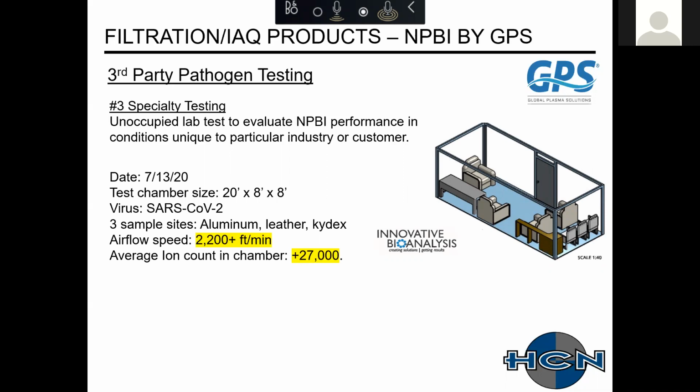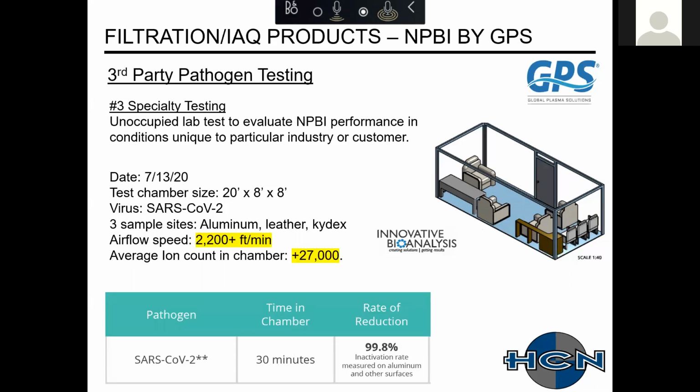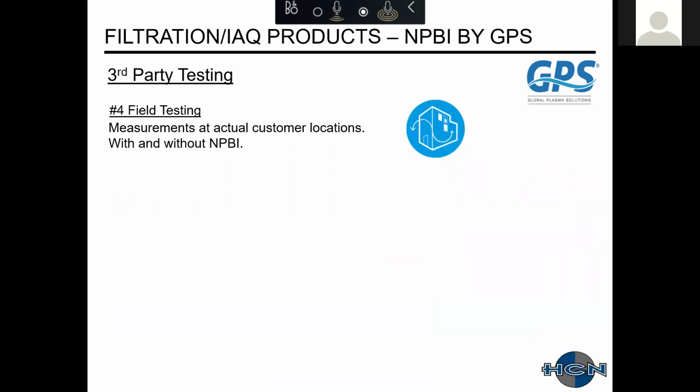Obviously, from an HVAC perspective, that's much higher than you would traditionally encounter. The results were that the virus on those 3 sample sites had an average reduction kill rate of 99.8%. Once again, this is a specific test done with GPS and an airplane manufacturer, a specialty company that deals with interior cabins of airplanes.